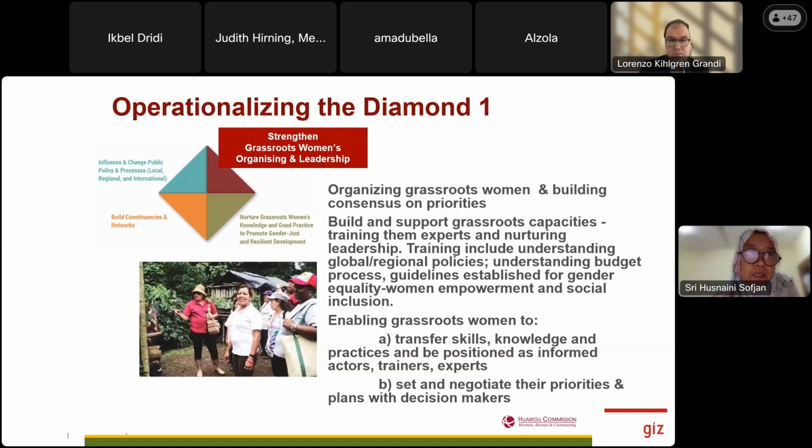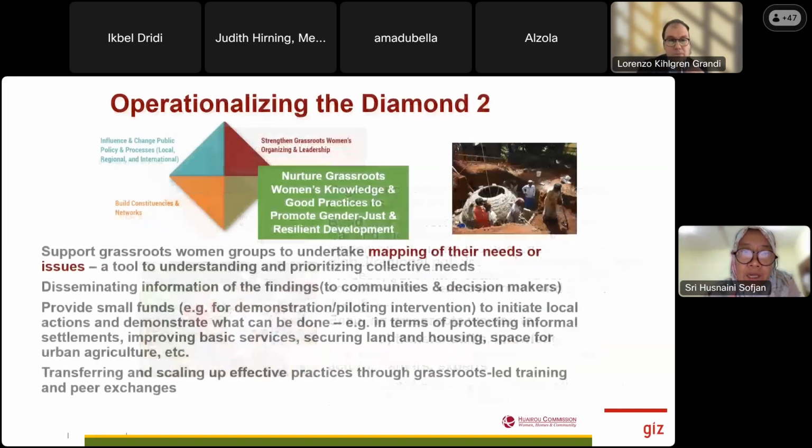Second is nurturing women's knowledge and good practices. Once they are confident, once they know what they want, they can initiate activities. They can start mapping their needs. For example, in the Philippines, they mapped the needs for challenging sexual harassment in public areas.